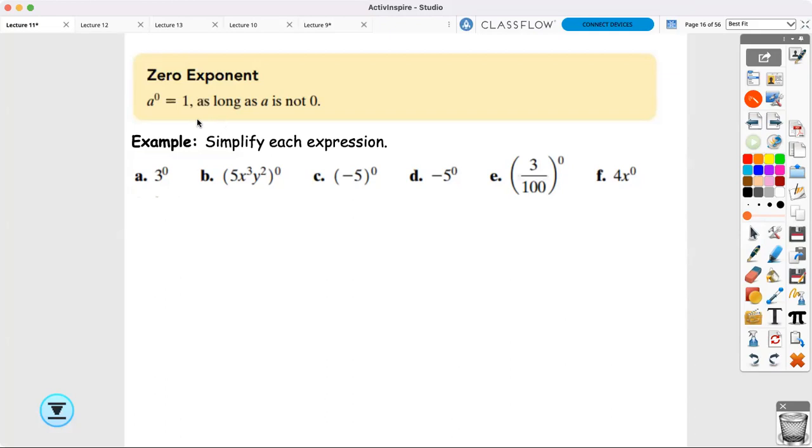So let's look at A, 3 to the 0. That's just 1. Nothing else to do there, right? Look at B, 5x cubed y squared, all in parentheses, so all of that to the 0 power. Once we have the whole thing to the 0, that's just what? 1 again.